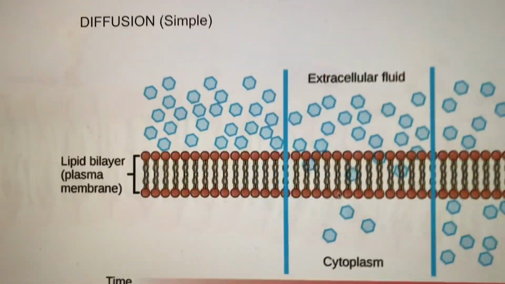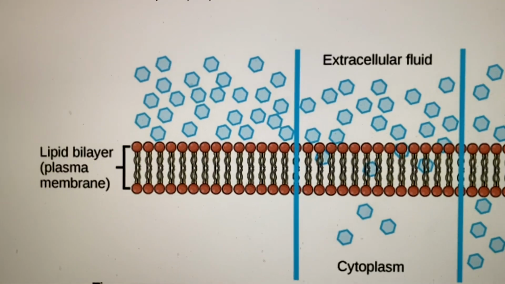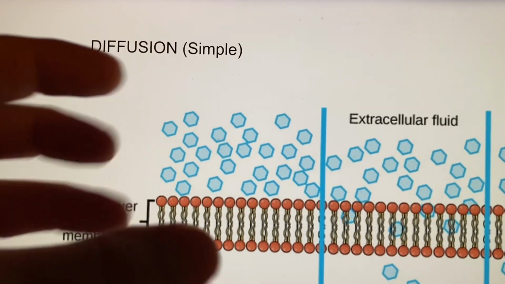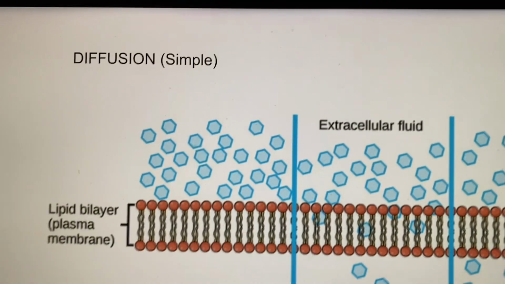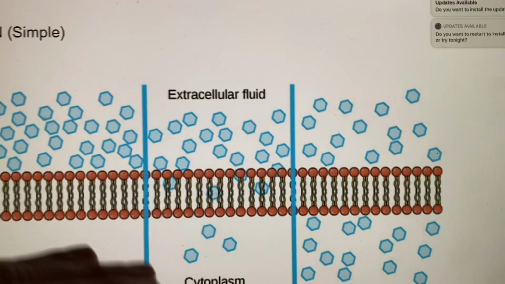This way is called diffusion, and it's for small things that are nonpolar, like oxygen and carbon dioxide. The way diffusion works is, if you have a higher concentration on one side of the membrane than on the other, the particles will move until the concentration is equal. We like equilibrium a lot here on Earth.